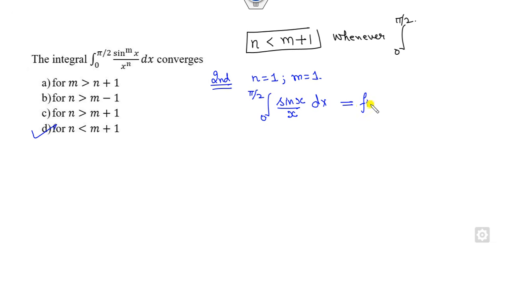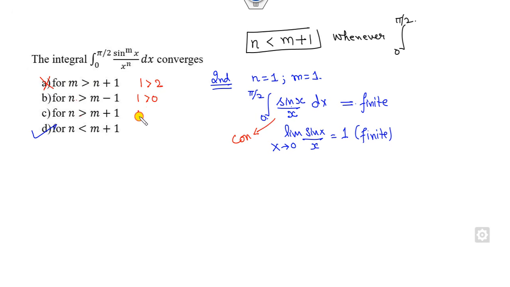So this is finite, because when you take 0, we all know the limit is 1 as x approaches 0, that is finite. Similarly, for pi by 2 it is finite, so this is convergent. So when n, 1 is greater than 2, not satisfied. 1 is greater than 0, satisfied. 1 is greater than 2, not satisfied. 1 less than 2, satisfied. So options A and C are cancelled out.